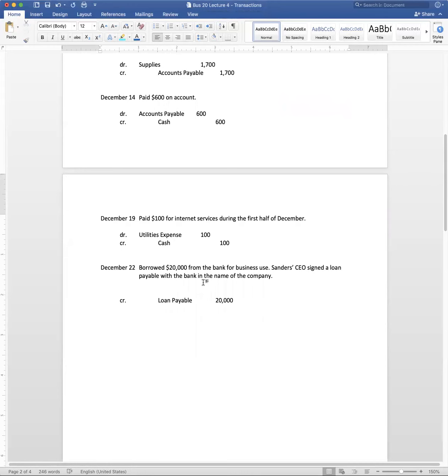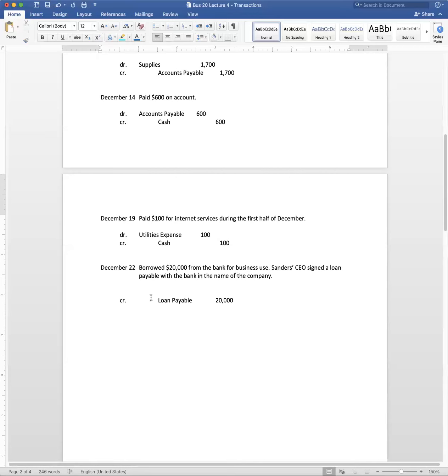Okay, now what's the other part? It's not very specific in the question, but let's think about it. If we borrow from a bank, what do we get out of it? What do we get from taking on all that debt? Well, the big advantage is that we get cash, right? We need cash fast. We borrow it. The bank gives us the cash. That's why we take on the debt.